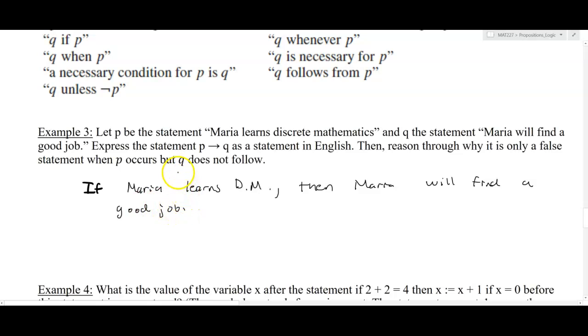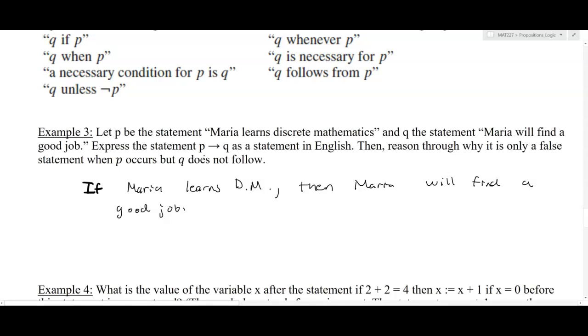Okay, so if, say, Maria doesn't learn discrete math, does that mean she won't get a good job? Probably not. If I said, Maria, if you learn discrete mathematics, then you will find a good job, that doesn't mean the only way she'll find a good job is by learning discrete mathematics.